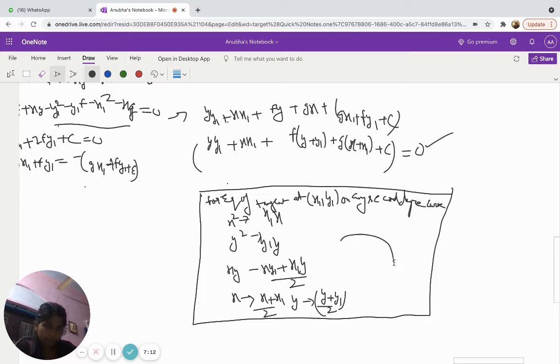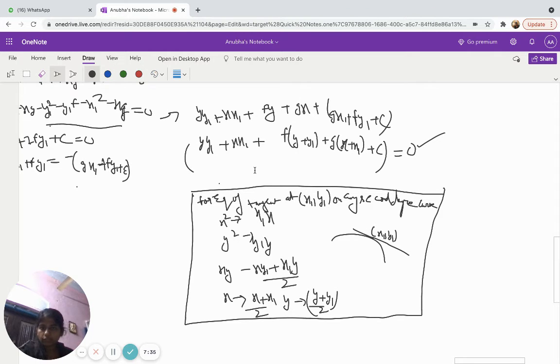So if P lies on the curve at x1 comma y1, then the equation of tangent can be simply made by replacing x square with x x1, y square with y y1, xy with (x y1 plus x1 y) by 2, x with (x plus x1) by 2, and y with (y plus y1) by 2.